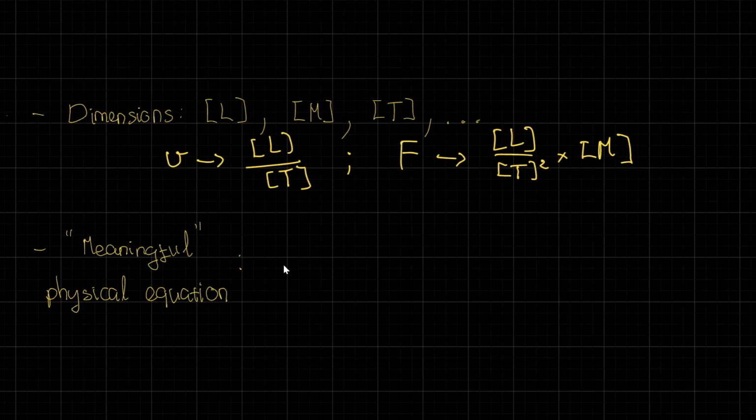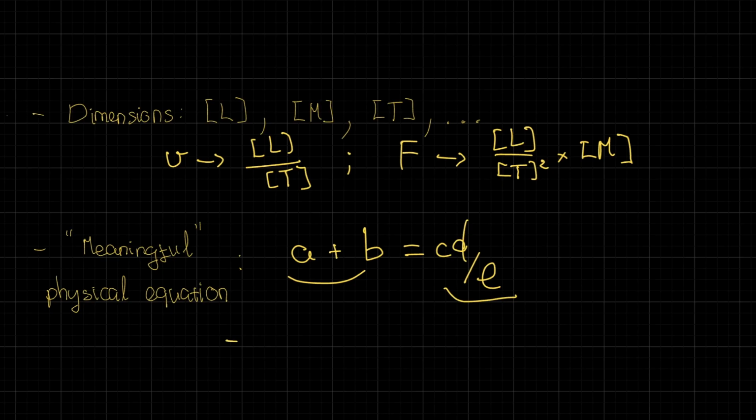But how do we actually apply this to solving problems? Well, to do this, we have to know when an equation is meaningful. If we have A plus B equals CD over E, for this equation to be meaningful, the dimension of this side must be equal to the dimension of this side.